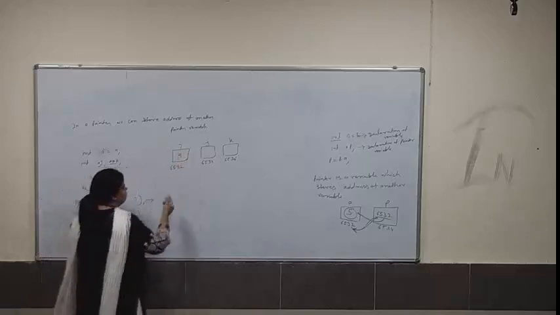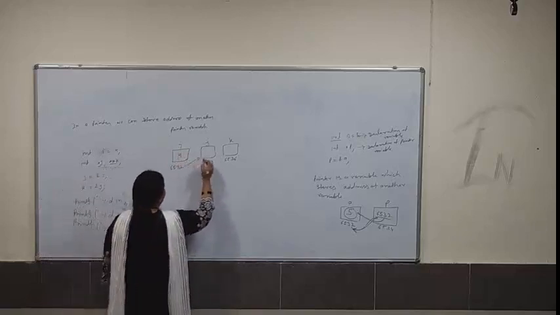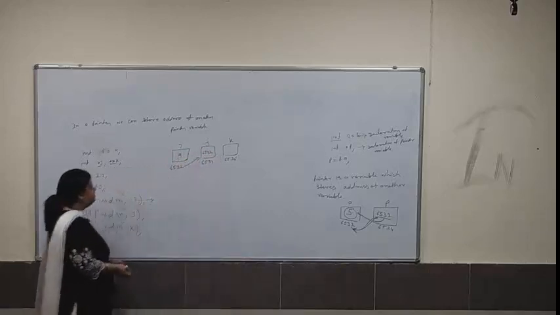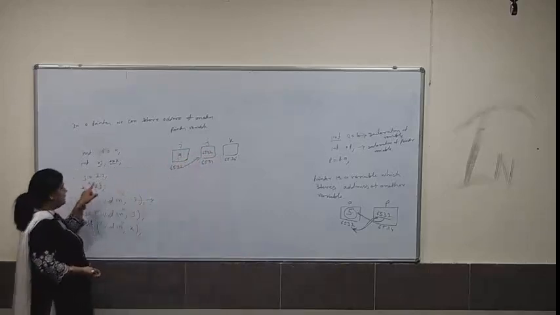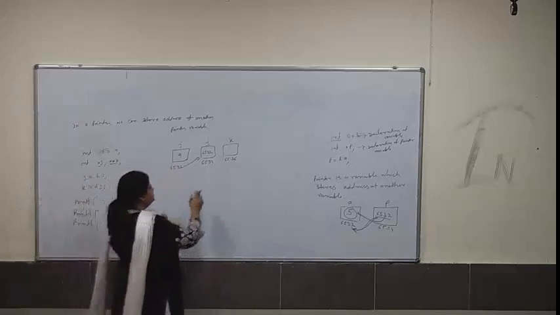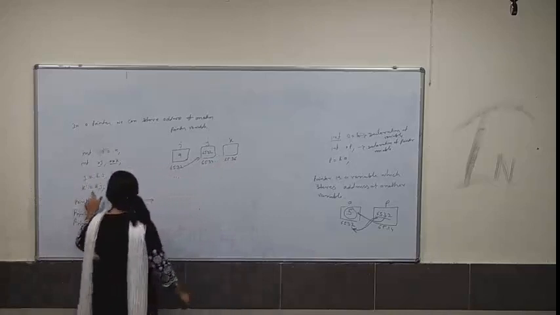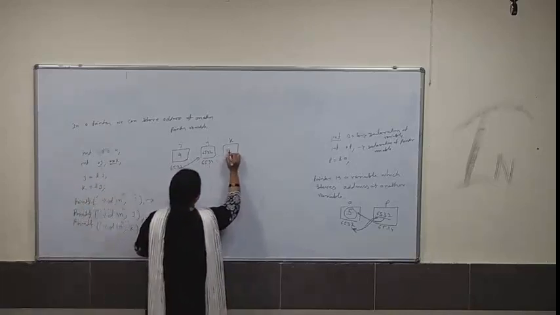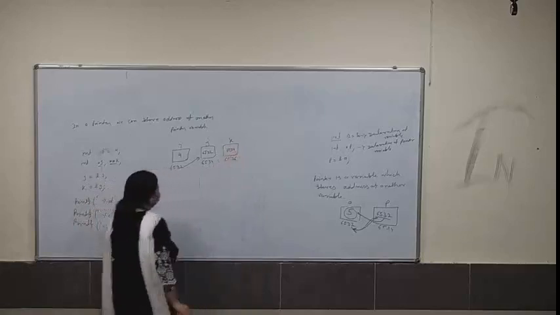Then what will be the value of j? The value of j will be 6532 because it is a pointer variable which stores the address of i. Similarly k is storing the address of j, so the value of k is 6534.